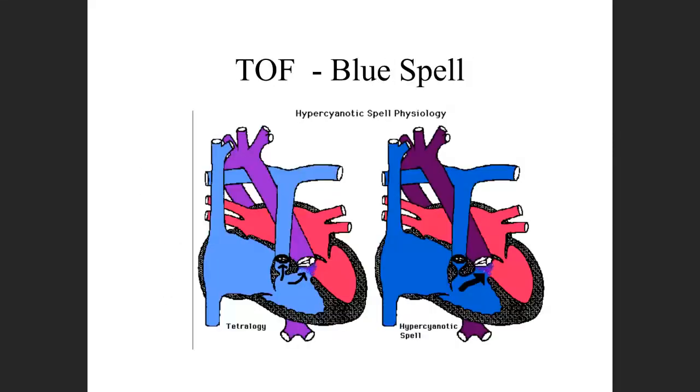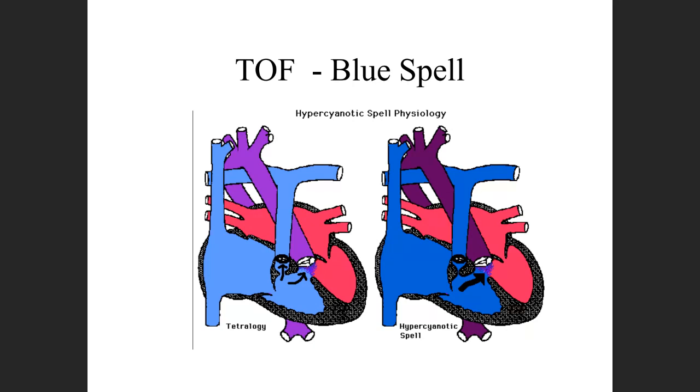Now let's talk about blue spells and their synonyms. They're also called TET spells, hypercyanotic spells. If we look at the diagram in front of us, on the left-hand side, we have a patient with tetralogy of Fallot with obstruction at the level of the pulmonary valve.